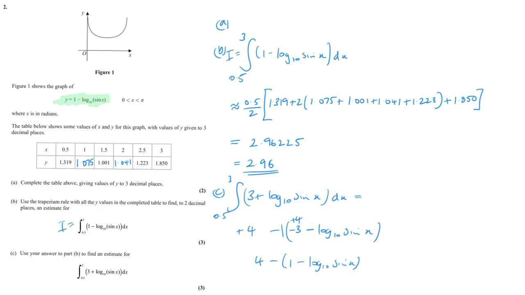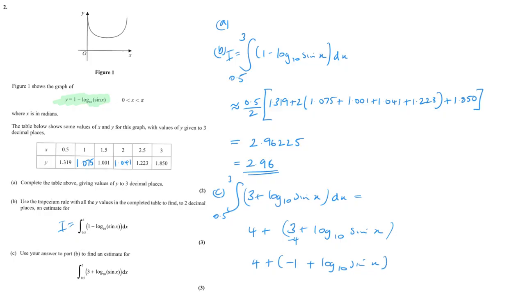Another way to look at it, if I rub that out, again starting with 3 plus log 10 sine x, is doing this right. I'm going to take away 4 from here, so I'm going to take away 4 and I'm going to add 4. So this gives me 4 plus minus 1 plus log 10 sine x.